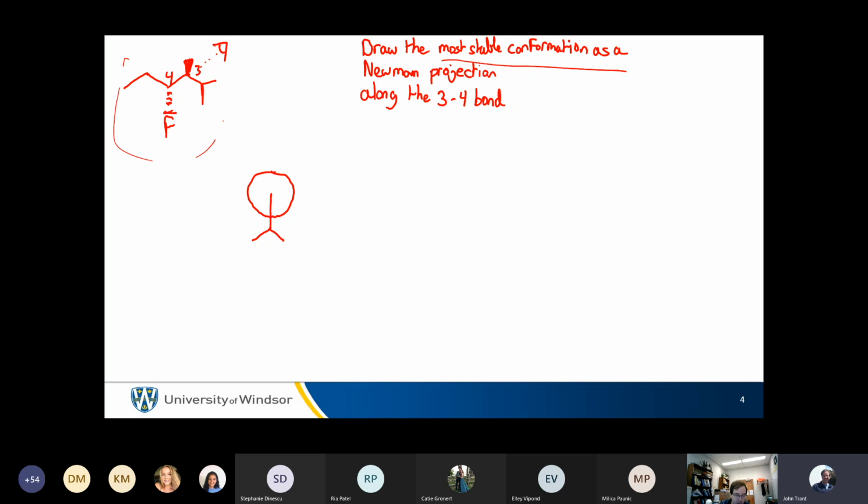Have a stick drawing, draw the Newman projection, rotate the Newman projection, or have a stick drawing, rotate the stick drawing, draw that, draw the Newman projection. Don't try and do this in your head. Not saying you can't. I've been doing this a long time. I can do it. You guys haven't been doing this a long time, because for some people this might be the first time you're seeing Newman projections. So draw all the steps in between until you're really, really comfortable.